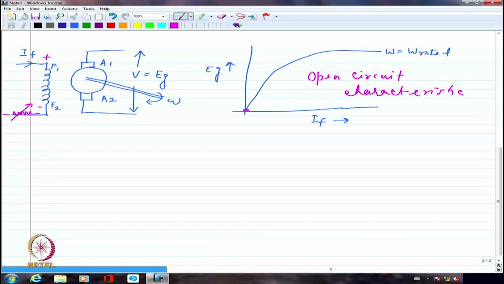Whenever you do an experiment on a DC machine, the first thing we normally do is to obtain the open circuit characteristics, so that we know exactly what the back EMF constant or the torque constant is. You get a feel for the kind of rated torque it will generate if I pass rated armature current.